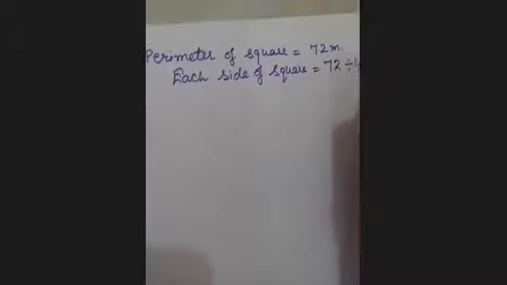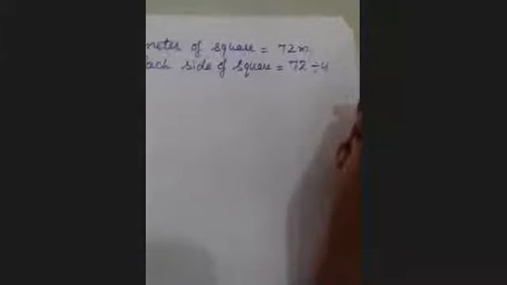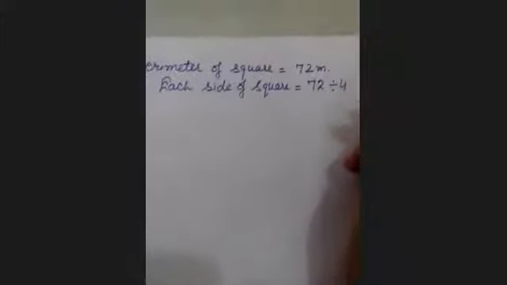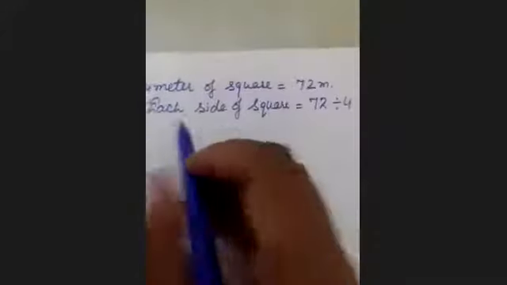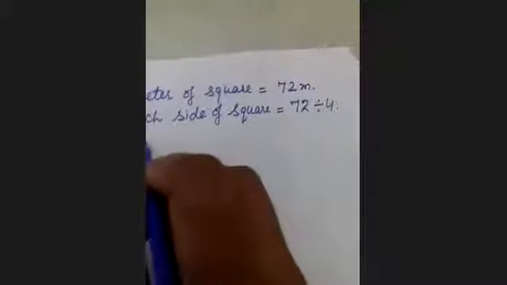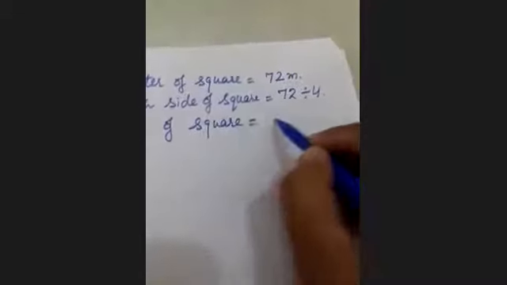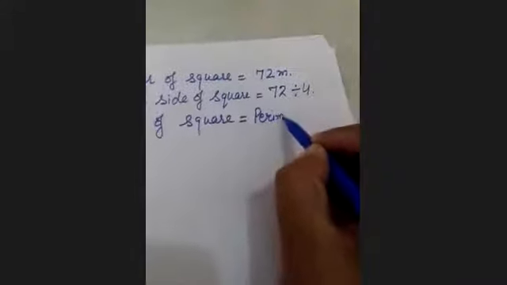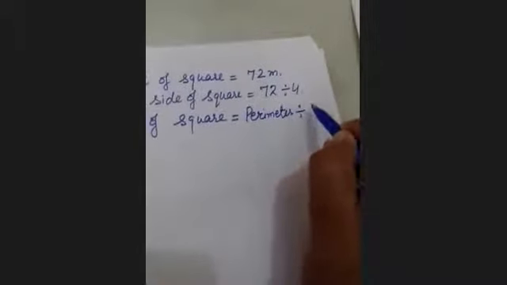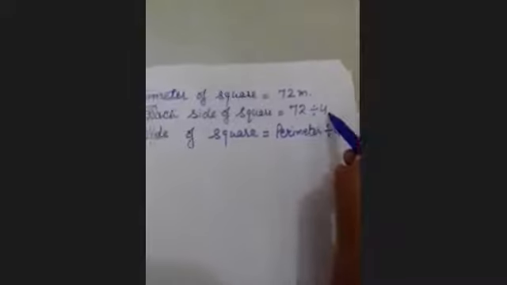Side of square is 72 divided by 4. Students, when we want the side of square, we will divide perimeter by 4. Side of square is perimeter divided by 4. So 72 divided by 4.